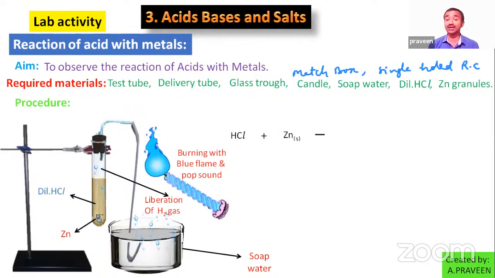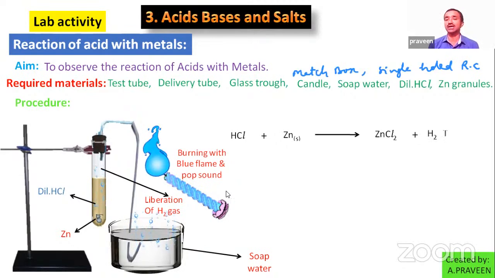Then together they give two things: one gas is liberated, and one liquid remains in the test tube. So two products are there. One product is a salt, zinc chloride, and the other is the gas liberated, which we decided by the blue flame and pop sound is hydrogen gas.